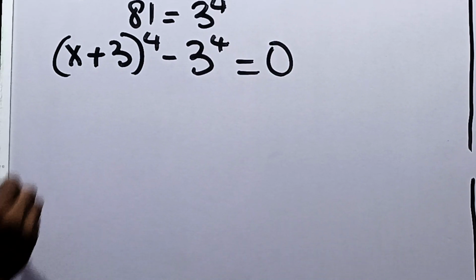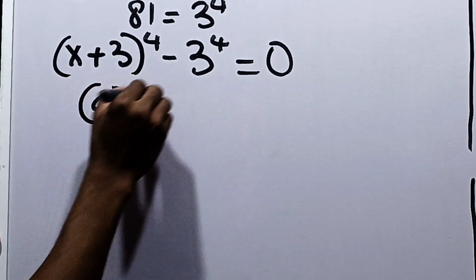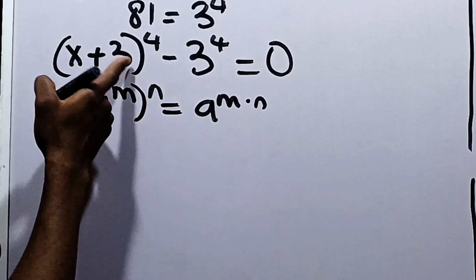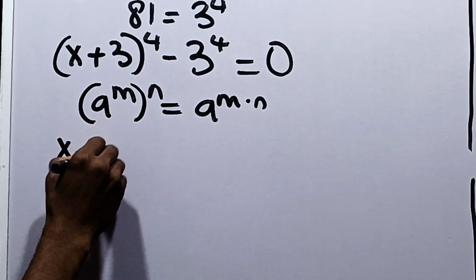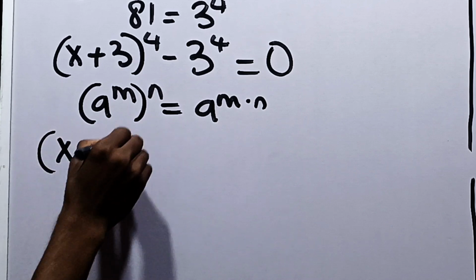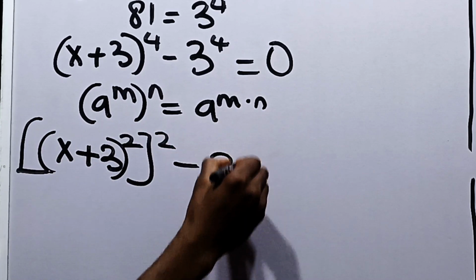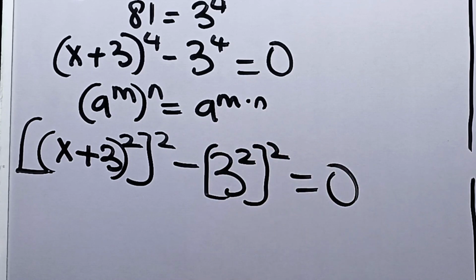Now we can say, let's establish that (a^m)^n is equal to a^(mn), okay? So we can go ahead and factor the powers by 2. So we can say that ((x + 3)^2)^2 - (3^2)^2 = 0, okay?